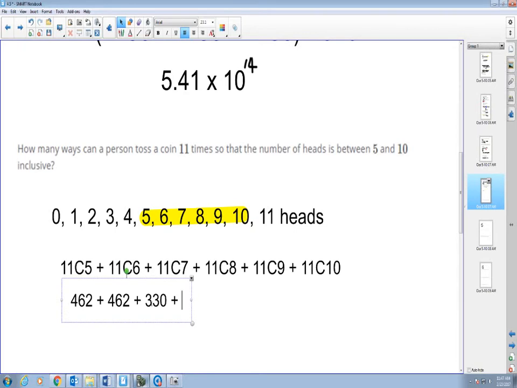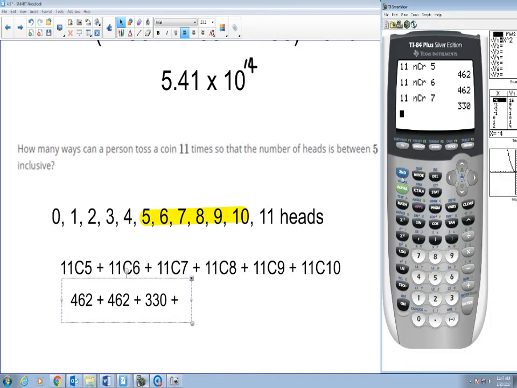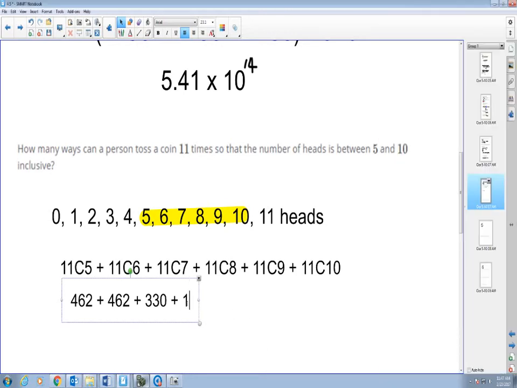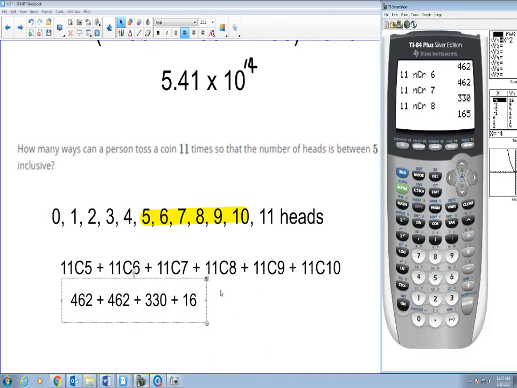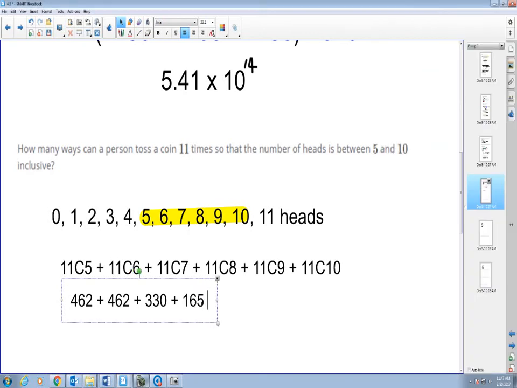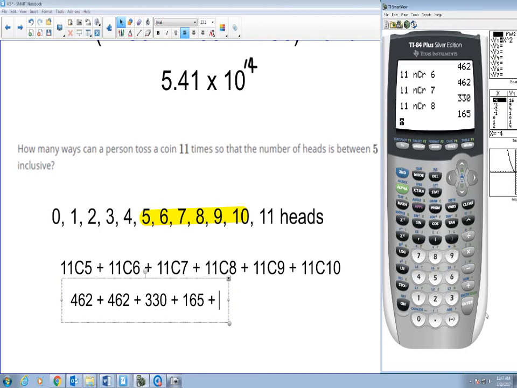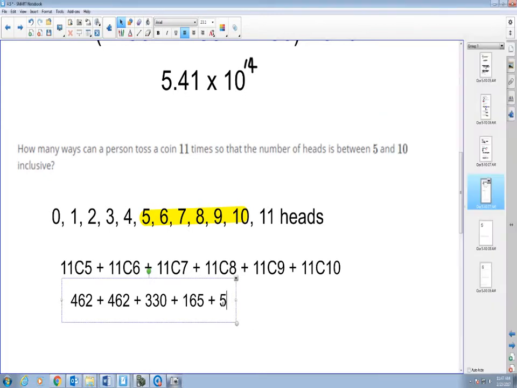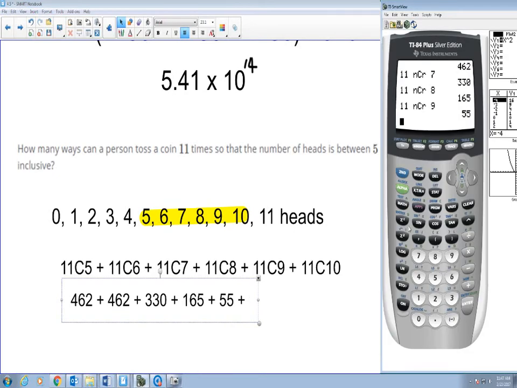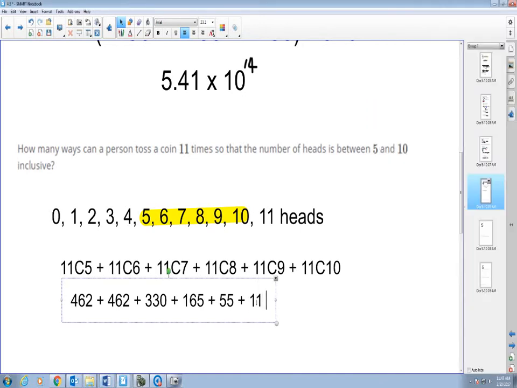It does not really matter. 11 choosing 8. There's 165 ways. Plus 11 choosing 9 heads: 55. Plus 11 choosing 10 heads: 11 ways.